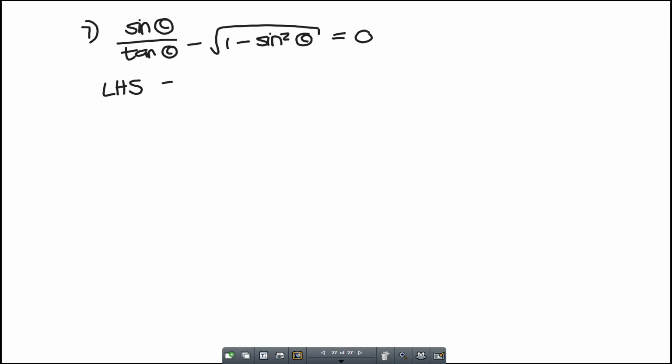I'm naturally going to work with that side. And then yesterday we said the first thing you do is write everything in terms of sine and cos. So that first part is going to be sin theta over, and then that tan becomes sin theta over cos theta.